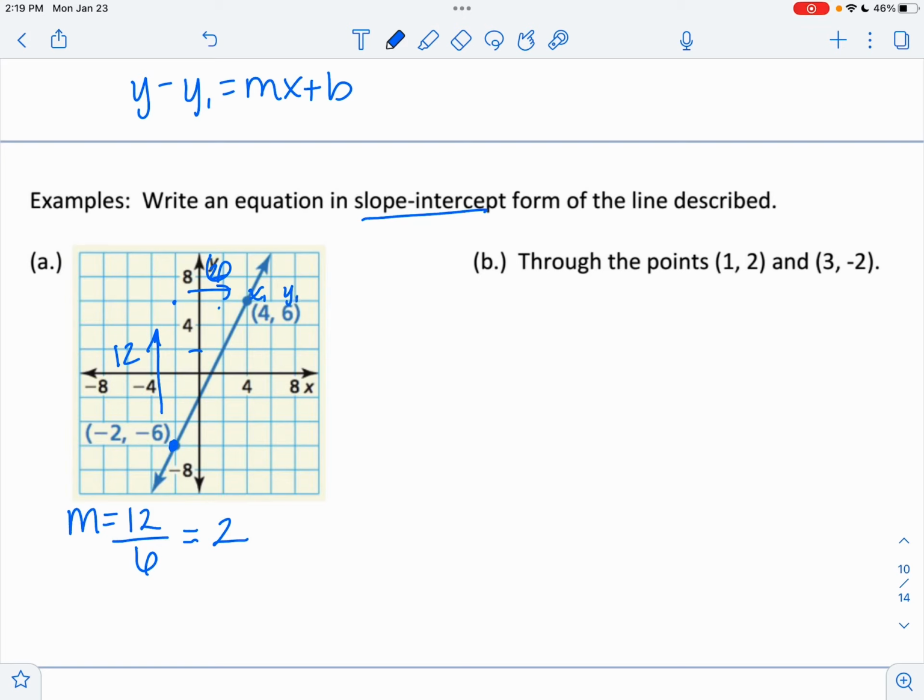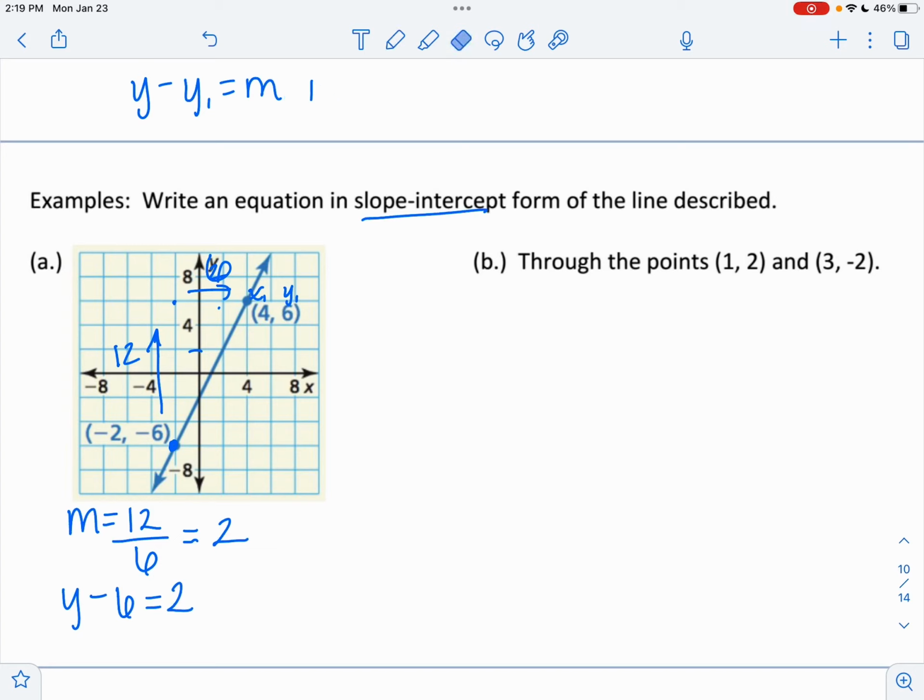Now, if you decided to use (-2, -6) as your x1 and y1, you would end up with the same equation. And I will show you that in a moment, but you only really have to use one point. So my m is 2, my x1 is 4, my y1 is 6. So I'm going to use that to substitute the values. y1 is 6, m is 2.